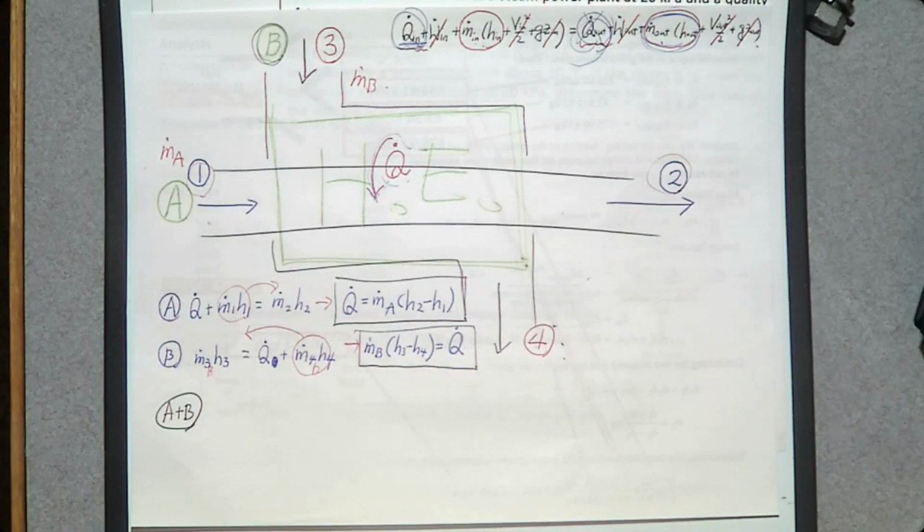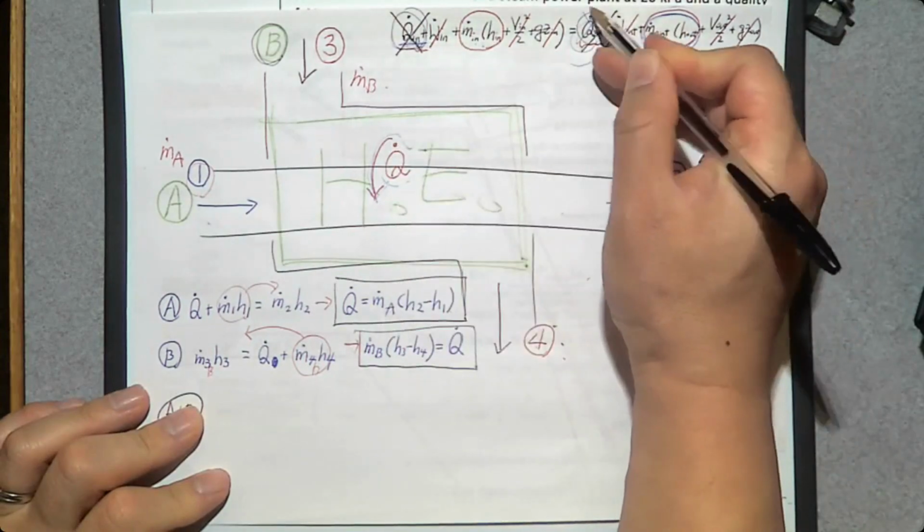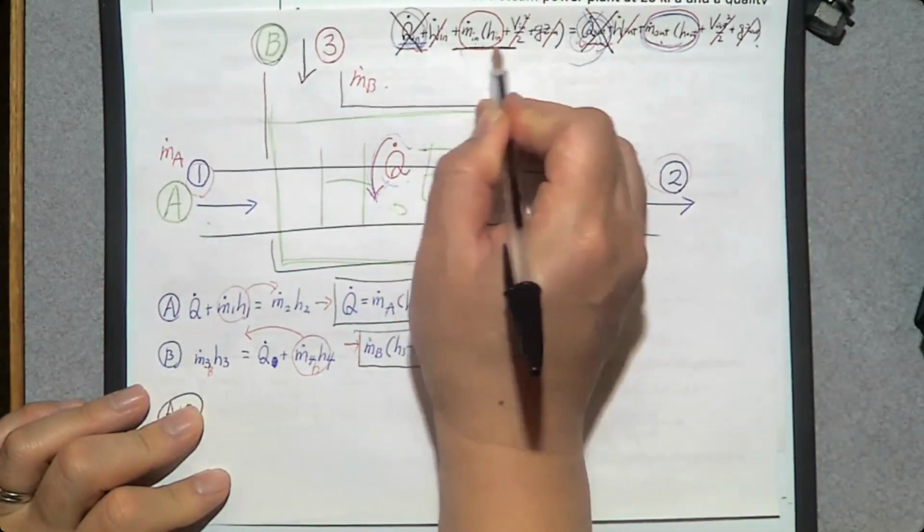Not anymore. If you consider the entire heat exchanger, this Q dot is what happens inside the system, so that's not our interest. When we talk about energy transfer, either Q or W, we only consider the energy transfers between the system and its surroundings. So there's no place for this Q dot in this energy balance equation. There's no Q dot in or Q dot out, only the enthalpy transfer rate at the inlets and exits.